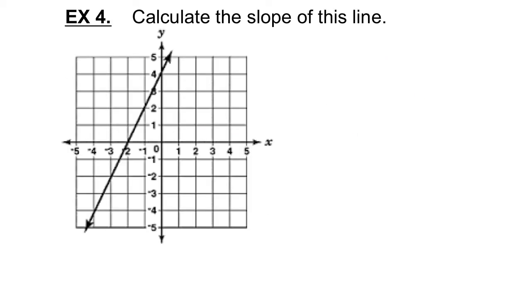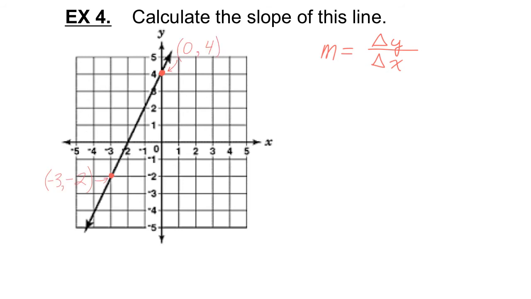For this last example, we're doing the same thing. We're calculating the slope of the line. So you could do it the same way as we did in the previous 2 examples, but I want to show you a slightly different way of doing it. It's more of using the coordinates of the points in your calculation. So again, we're going to find 2 points that are on the line. So let's do this one here and this one here. And we'll write out the coordinates of those 2 points.